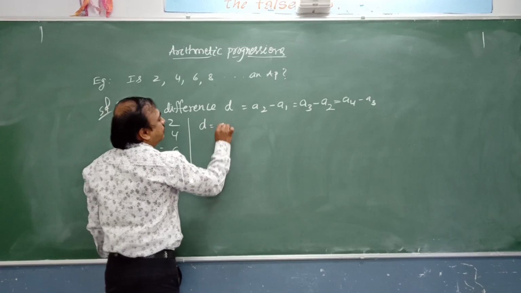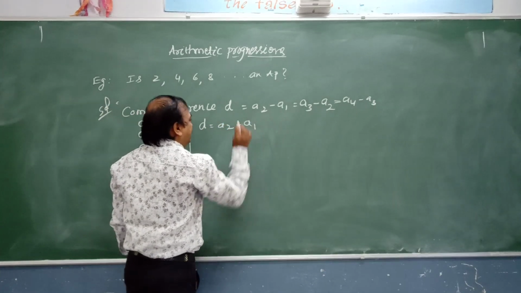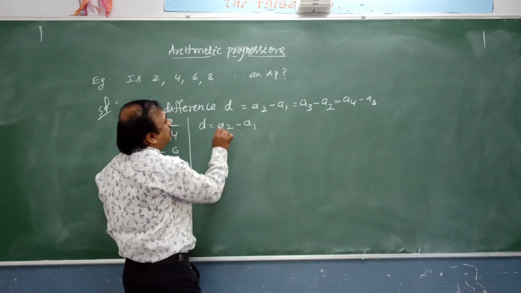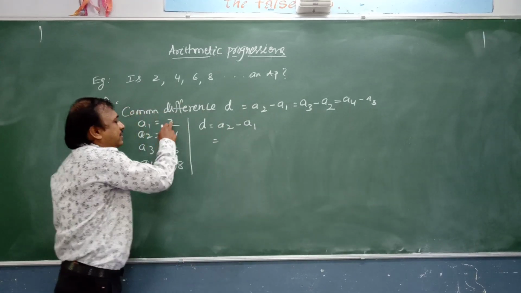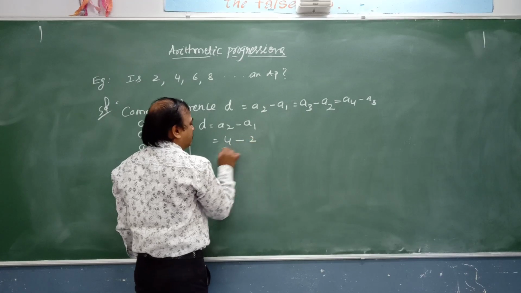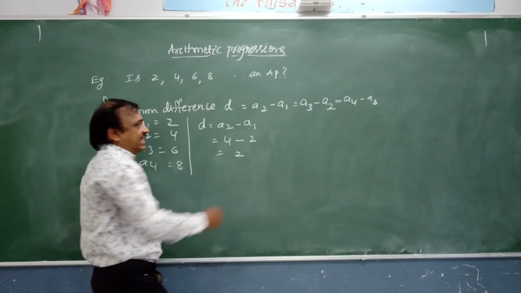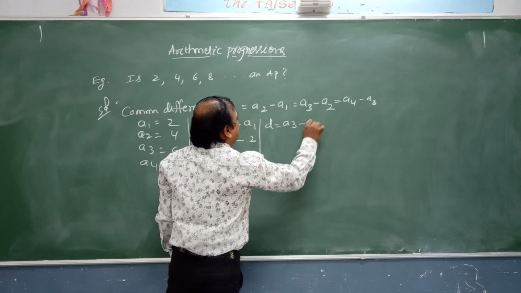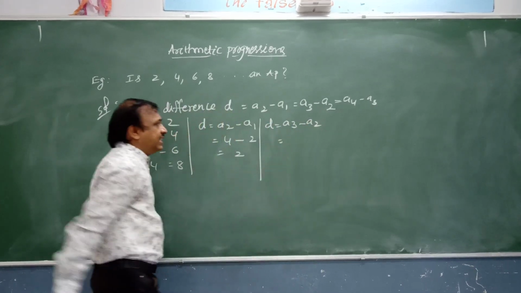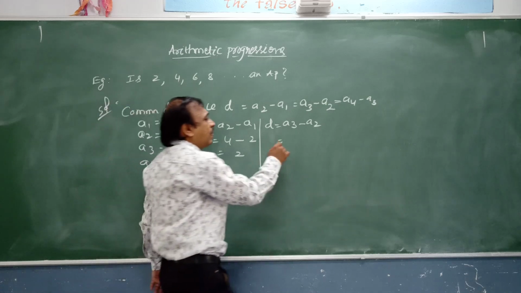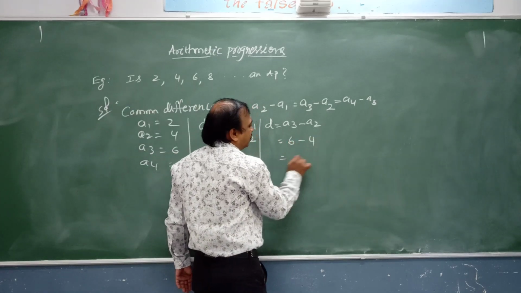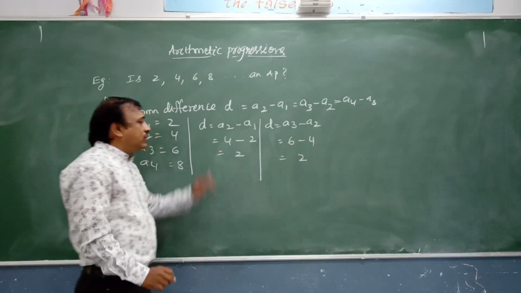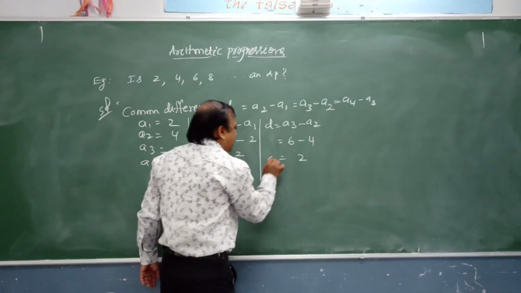D is equal to A2 minus A1, which is 4 minus 2, equal to 2. Next, I'll check again. D is equal to A3 minus A2, which is 6 minus 4, equal to 2. You see, the difference here is also 2.